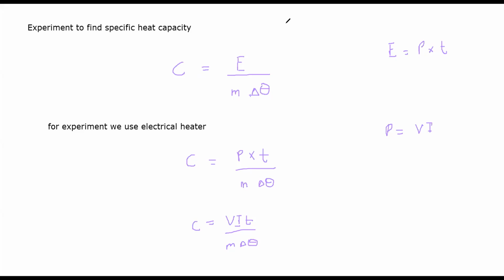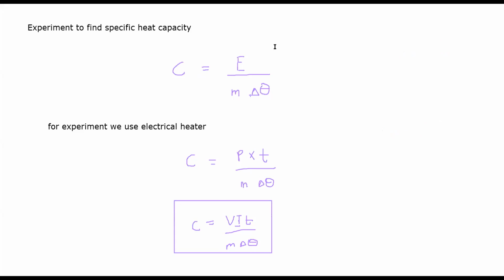This is the final formula which we use when carrying out the experiment: voltage multiplied by current multiplied by time divided by mass into temperature change.